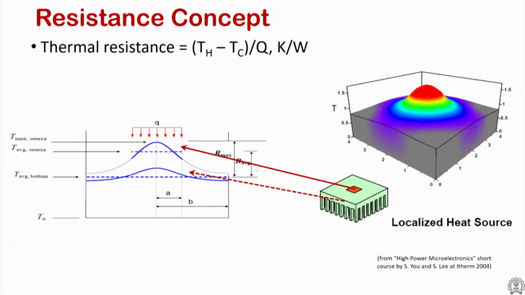So, one refers to the thermal resistance as between the average temperature of the heat source minus the average temperature of the heat sink base as one resistance network, and then from the average temperature of the heat sink base to the ambient temperature.